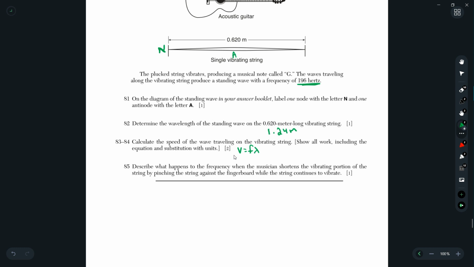I'm going to scroll down a little bit, which means that it is 196 hertz times 1.24 meters, which is 243.04, really just 243.